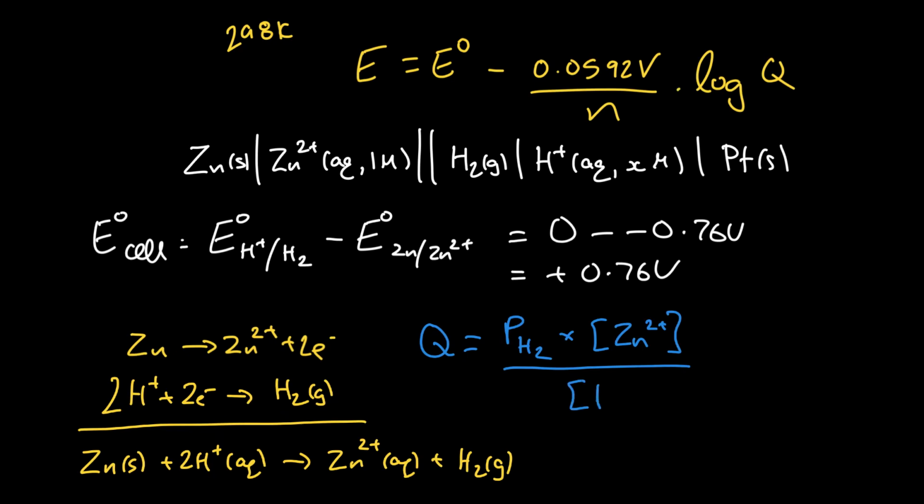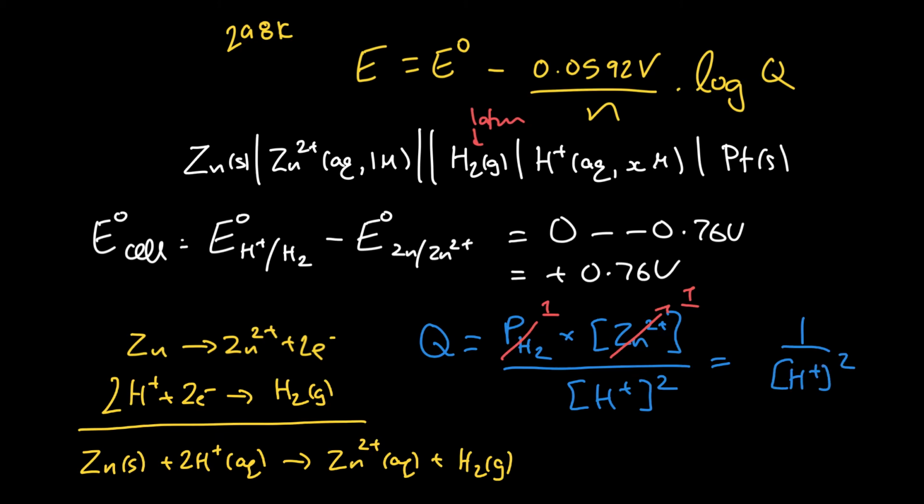And I also have hydrogen ions, so since they are a solute, I'm going to include that. The hydrogen, I'm going to have it as 1 atmosphere, and so that will be a 1. And that will be a 1. So essentially the reaction quotient then is just 1 over the concentration of H plus squared.